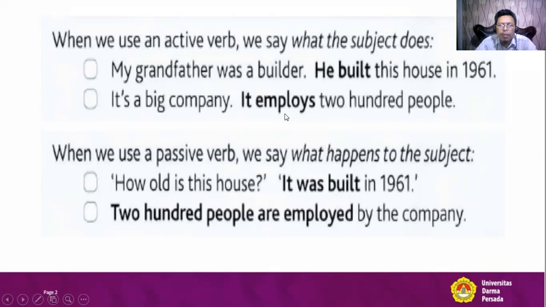It means the subject does something. And when we have a passive verb, it is the combination of was, built, or to be, and then built, are employed. So we are talking about what happens to the subject.